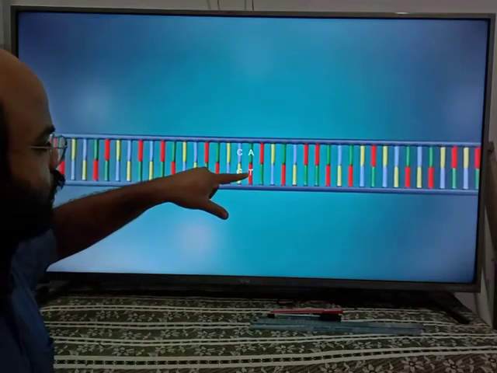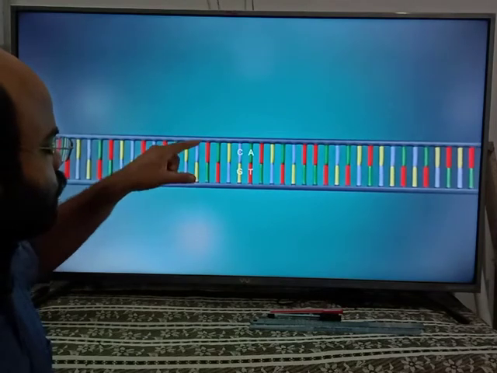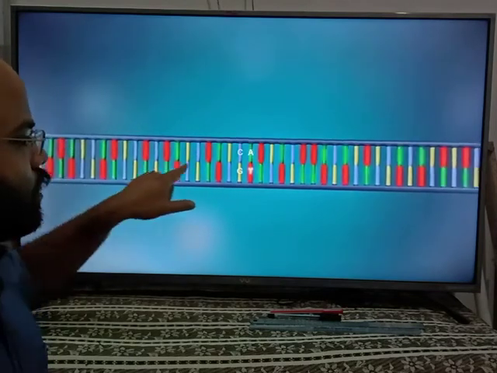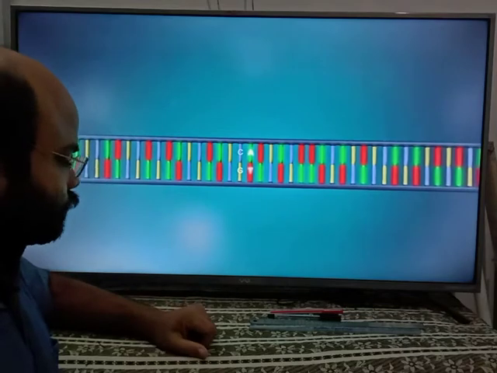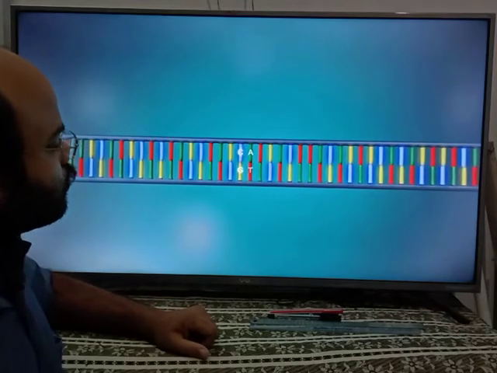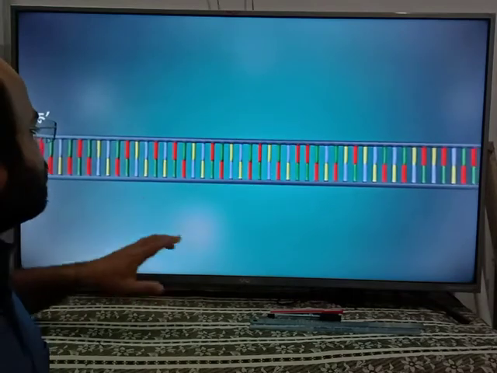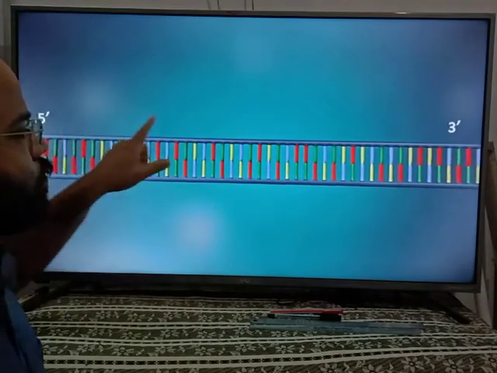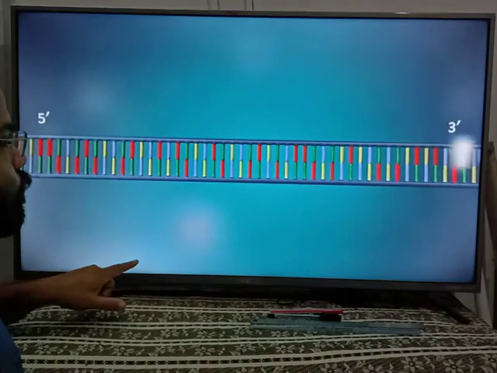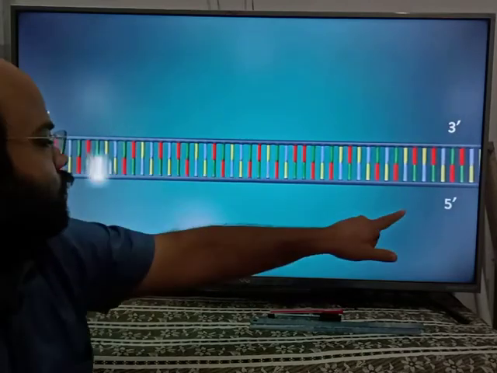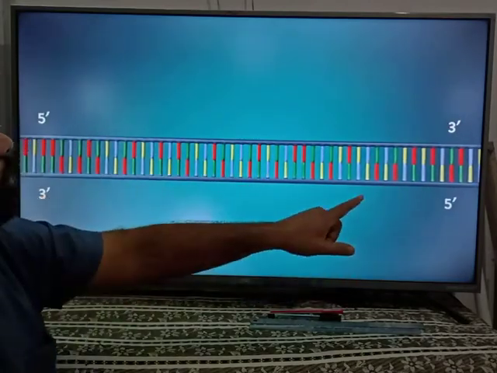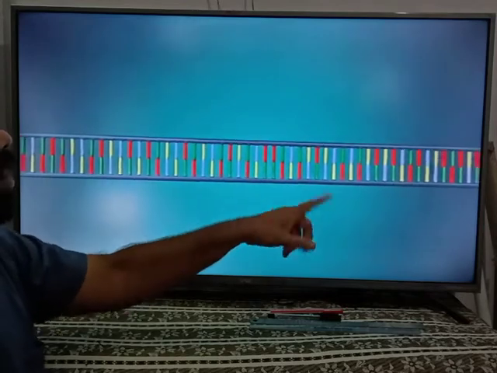A double bond T, G triple bond C, which are complementary base pairing among each other. The two strands are there, one is 5 prime to 3 prime, another is 3 prime to 5 prime. So both are anti-parallel to each other.